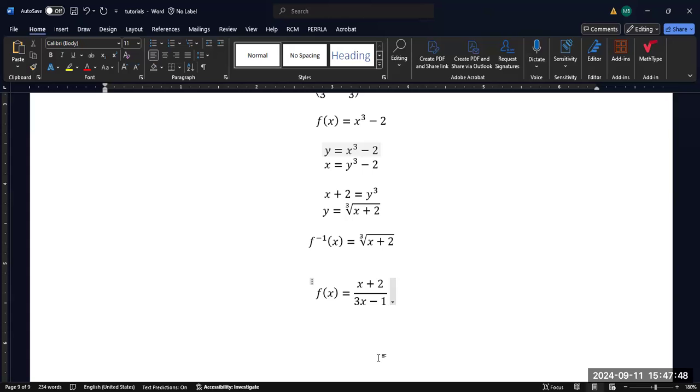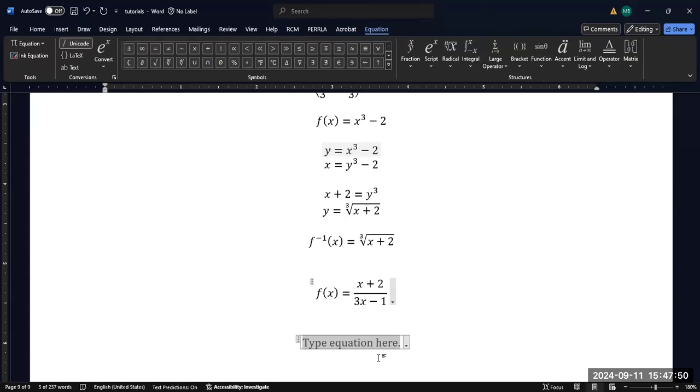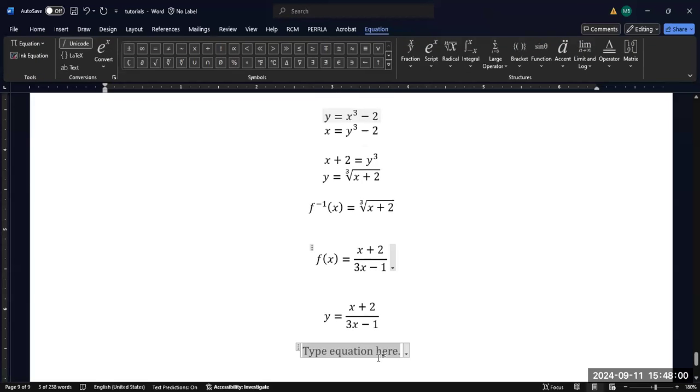So we can find the inverse of this, and the procedure mostly begins the same way. The issue, though, is that the algebra is a little harder. So x is equal to y plus 2 divided by 3y minus 1.